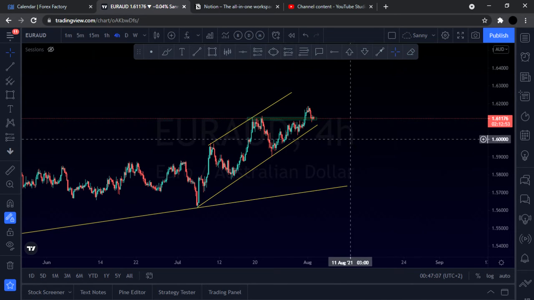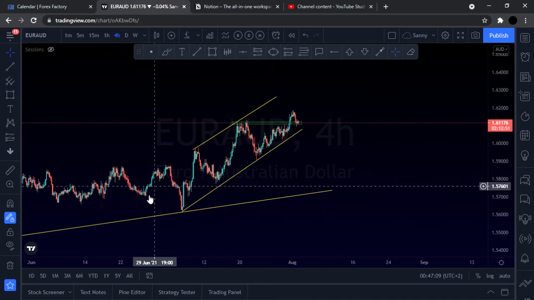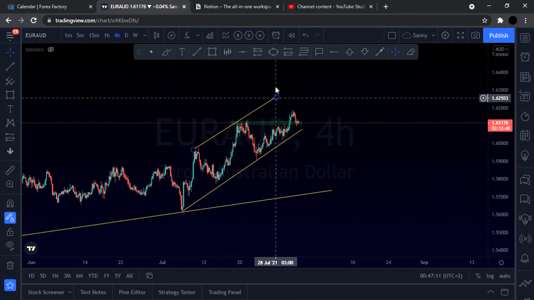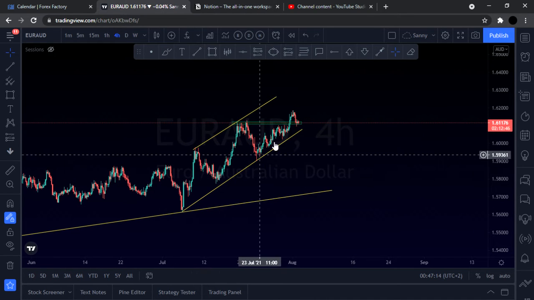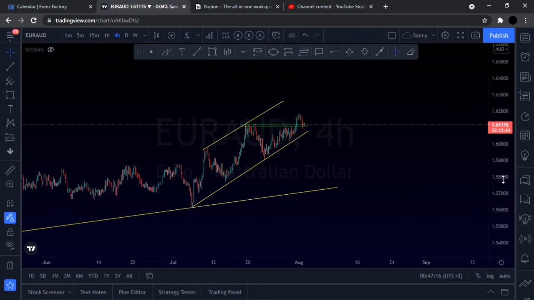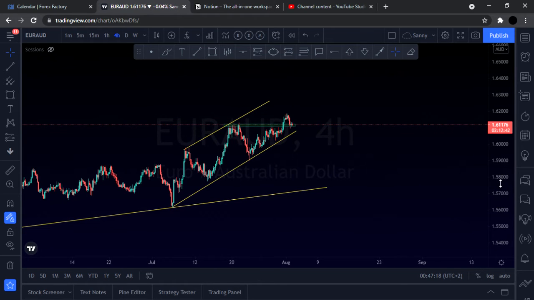I think you can see we have an ascending type pattern here, which means we're making higher highs and higher lows still on the 4-hour, which means the short-term movement is bullish, but overall this market is going down. This pair is going down, as you saw on the daily, right?